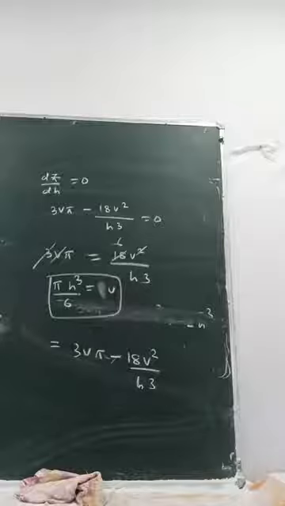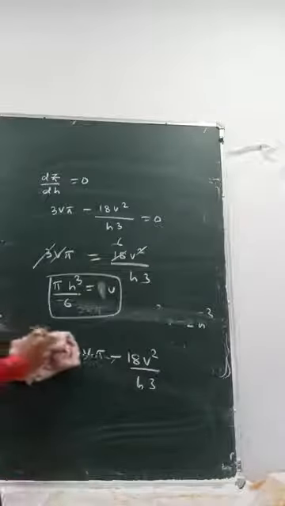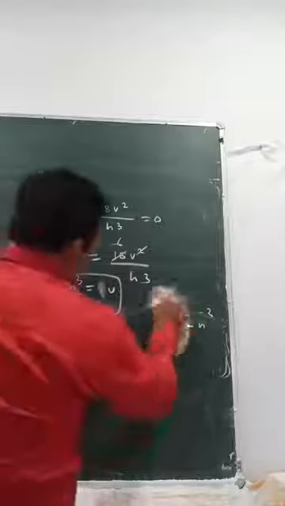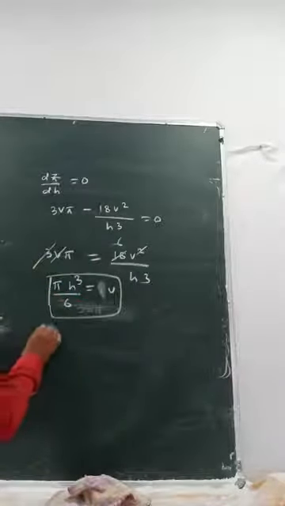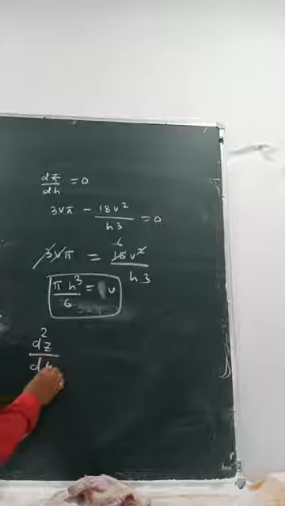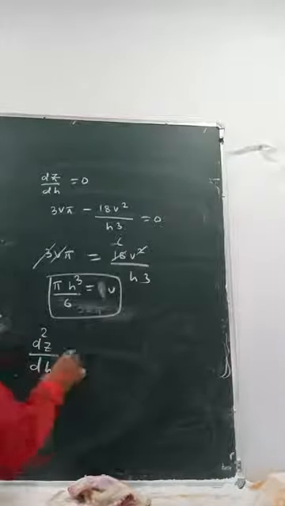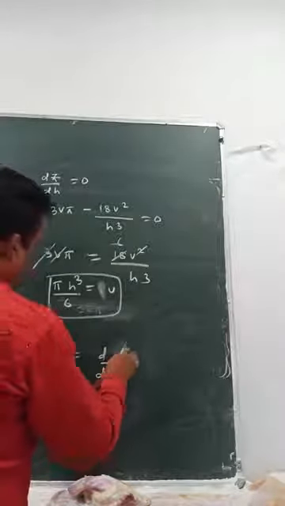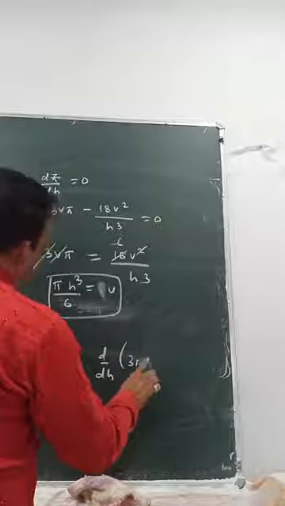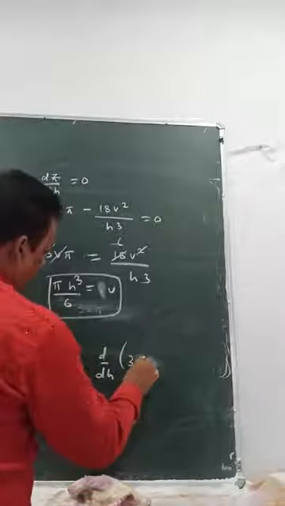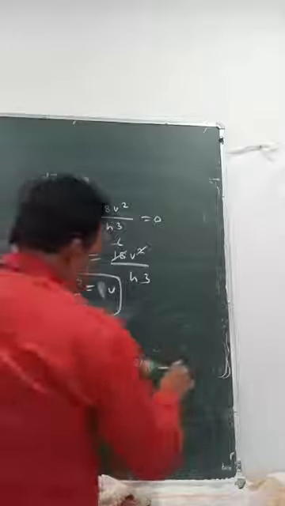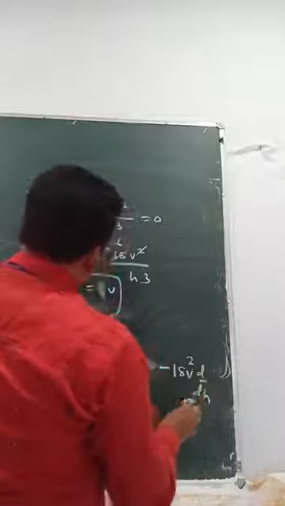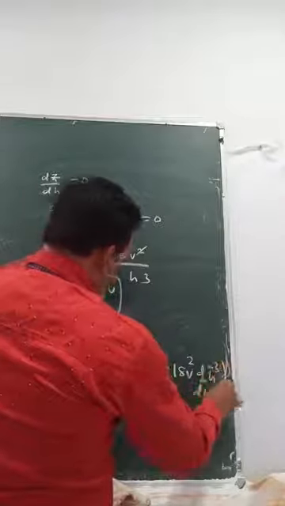Okay, now second derivative. Second derivative is d square z by dh square, that is d by dh of 3v pi minus 18v square constant, d by dh of, look at this part, h to the power minus 3.